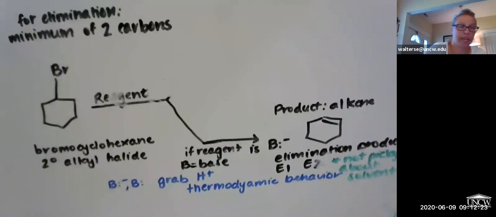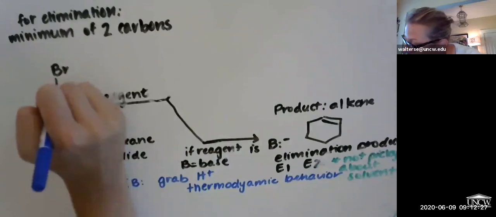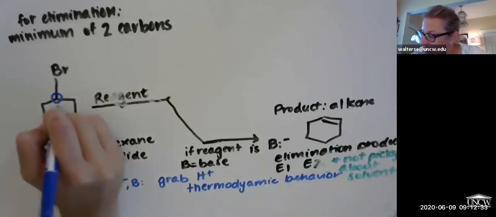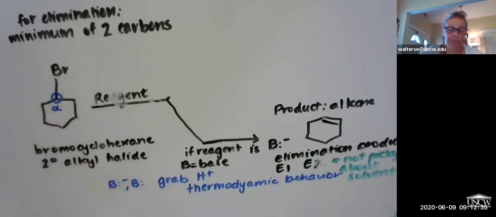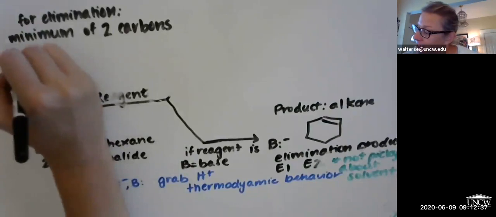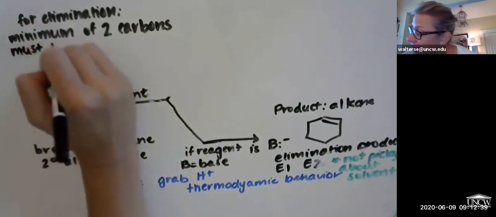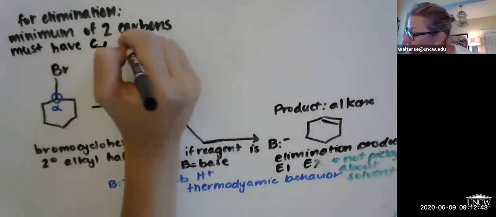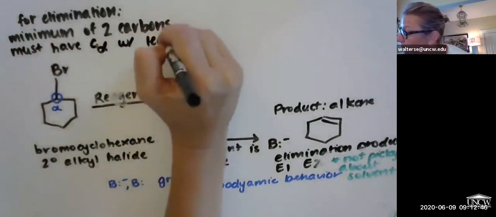Okay. Now, if you look at your substrate, this carbon in blue is the one with the leaving group. That's carbon alpha. So you must have carbon alpha with a leaving group.